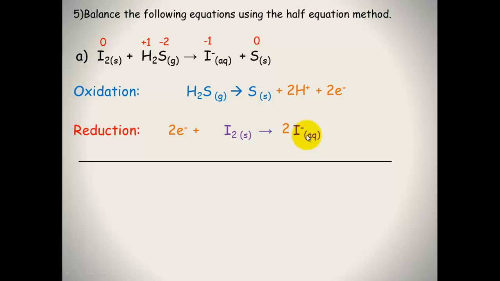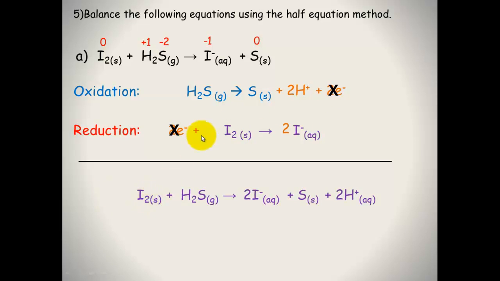So my last step here is to add those equations together. First thing I need to do when I do that is to make sure that the number of electrons are even. This is an easy one because yes, they are even. Otherwise I would have to multiply one of the equations to make those electrons even. So I just add these 2 together now, and I can get rid of those electrons since they balance out.